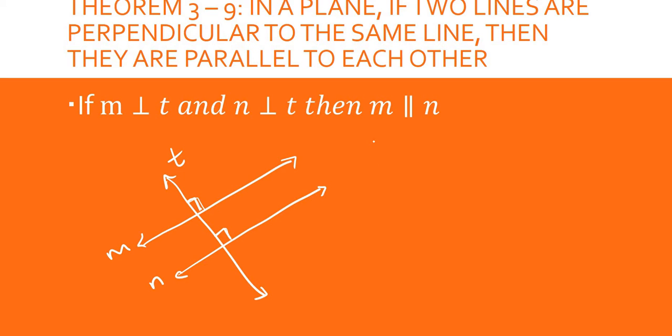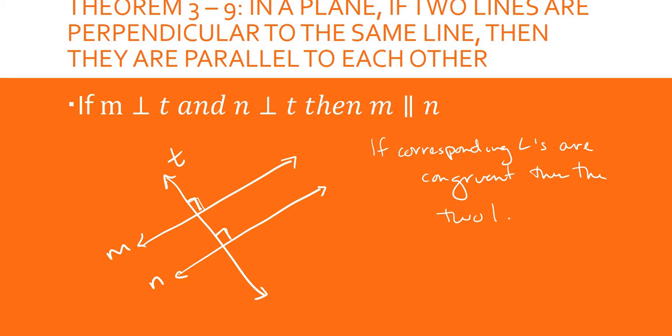And by our theorem, if corresponding angles are congruent, then the two lines are parallel. So that was from our last section.